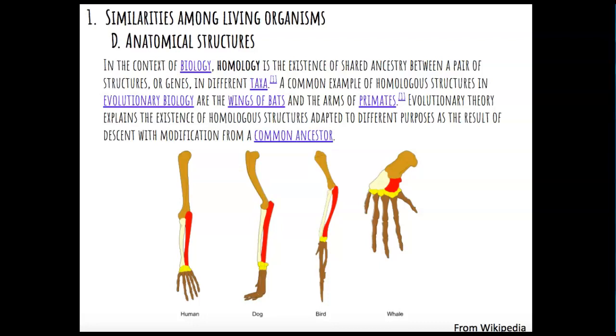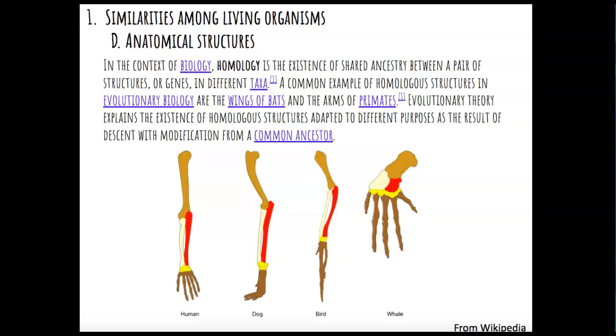So in the context of biology, a homology or a homologous structure is the existence of shared ancestry between a pair of structures or genes in different taxa. So it's something that looks similar, has a similar form and function based on common ancestry and common genes.